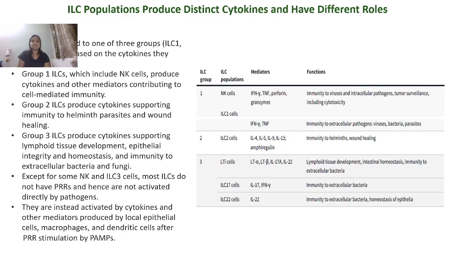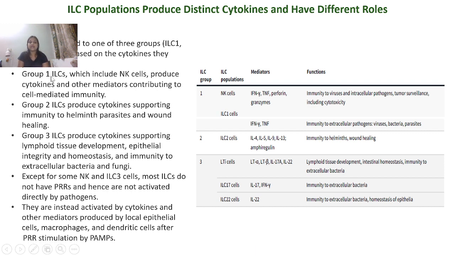Apart from natural killer cells, there are other kinds of innate lymphoid cells which also have other cytotoxic activity. For example, these ILCs are assigned to one of three groups, ILC1, ILC2, or ILC3, based on the cytokines they produce.